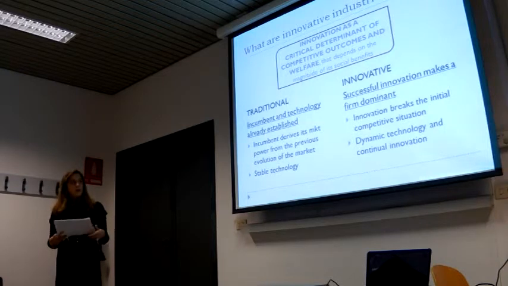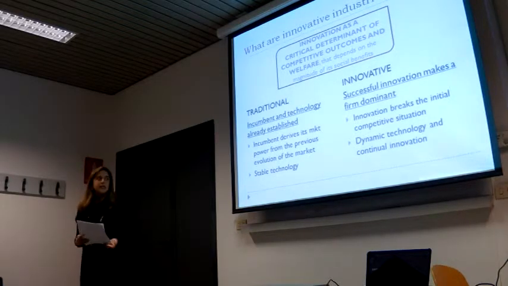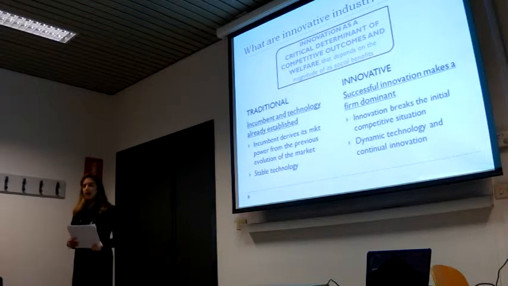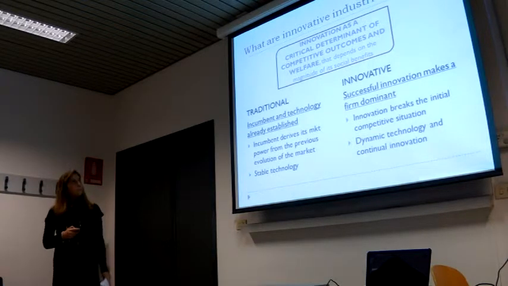I put this scheme in order to better understand what an innovative industry is compared with a traditional one. As you can see, it's a kind of industry in which a potential entrant enters the market, breaking the competitive situation. So the competitive situation is not stable at all, and the technology is really dynamic.